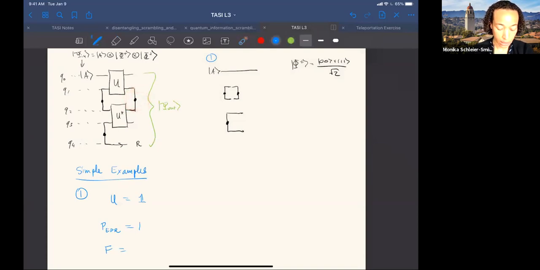Then the fidelity is basically the overlap of Q4 being in Alice's state. Let me write that with A4, psi out, that thing squared. So what's the probability that Q4 is measured to be in Alice's state? That would mean we successfully teleported the qubit. What is it in this case?